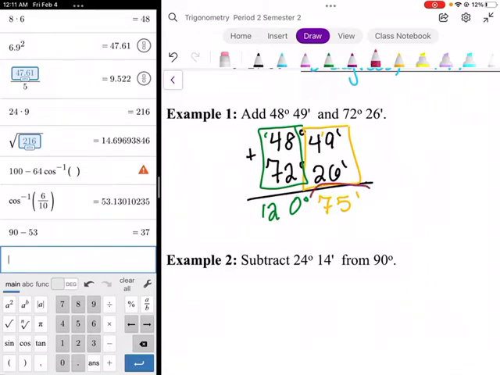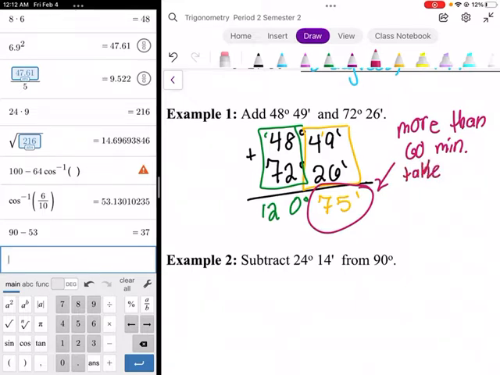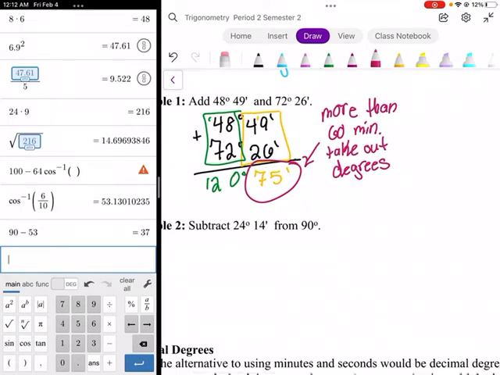One key point is if you have more than 60 minutes, you need to take out any degrees that you can. So what that means is 75 minutes could also be written as 60 minutes plus 15 minutes. And we know that 60 minutes equals 1 degree.